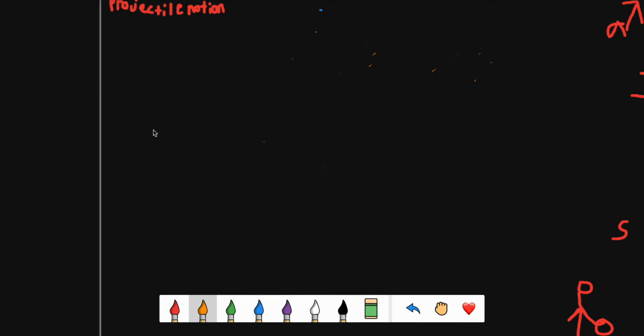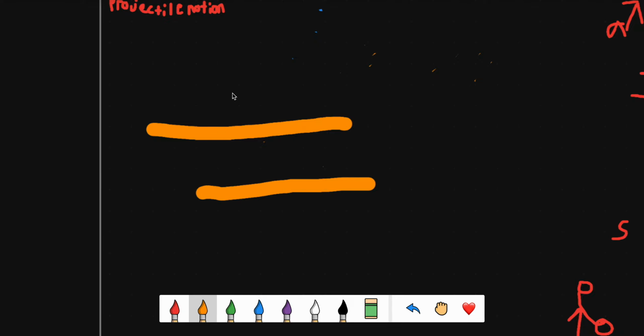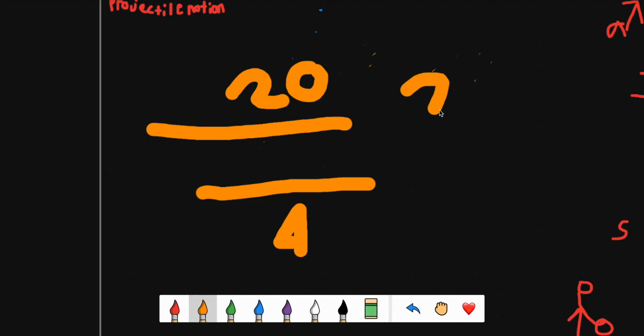Let's say an object goes 20 meters right and 4 meters left, and it does that in 2 seconds. Tell me the object's speed and velocity. Just like I showed you previously, distance is always positive, so it has to be 20 plus 4, which is 24.